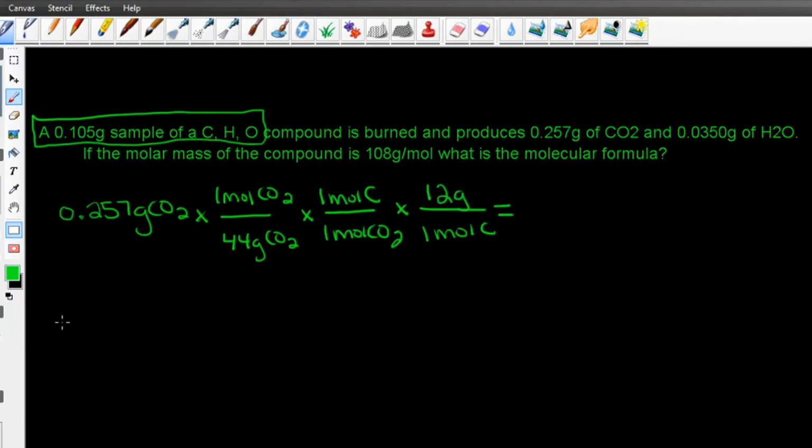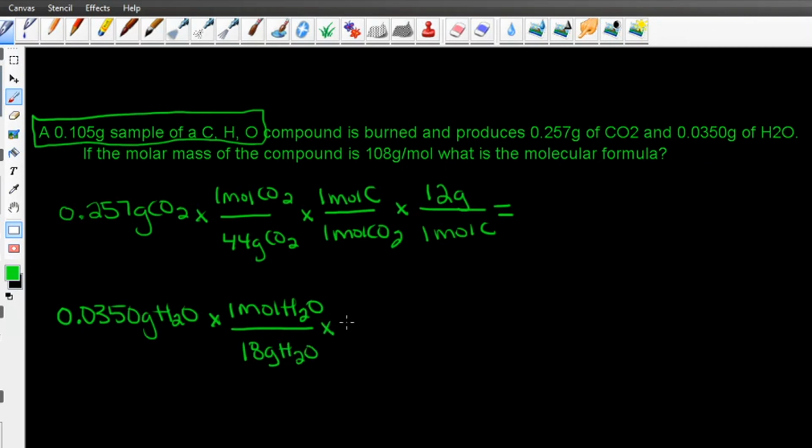I'm going to do this same process here for the water. Let's figure out how much hydrogen is in that water. 0.350 grams of water. Make sure you guys can see what I'm doing here. You can. 1 mole of water, molar mass of 18 grams.